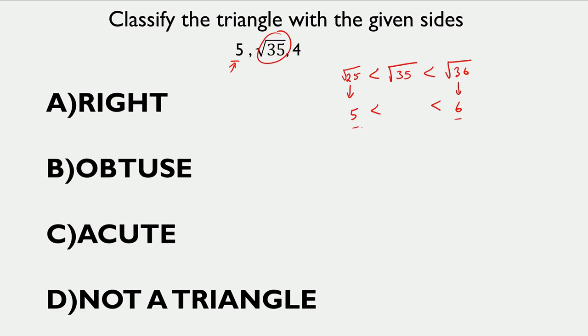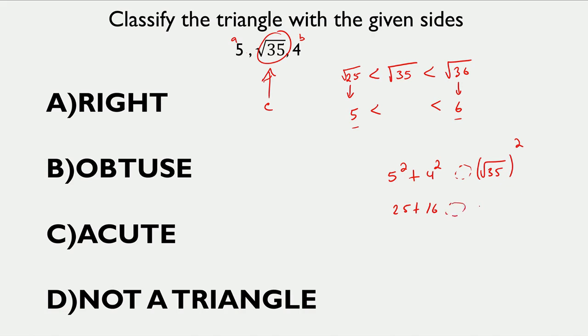Well, if it's somewhere between 5 and 6, that means it's bigger than 5, which means that this is my largest side, or my C. And if that's my C, that's telling me that those are A and B. So that's what I'm going to compare it to. A squared plus B squared, and I'm going to figure out how that compares to root 35 squared. So 5 squared is 25, 4 squared is 16.